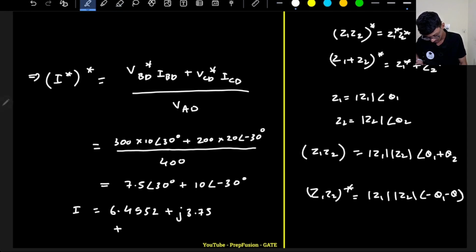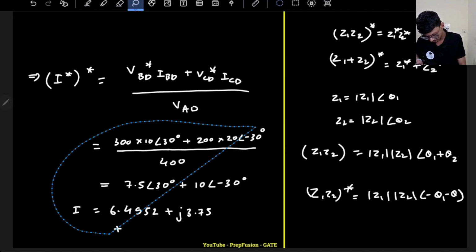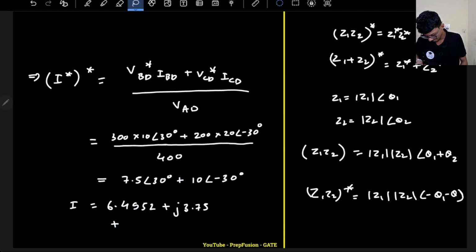And plus 30 into cos 30 into 10, so this will be 8.66 something, minus sine 30, so 30 minus sine into 10 will be 5 only, so minus j5.